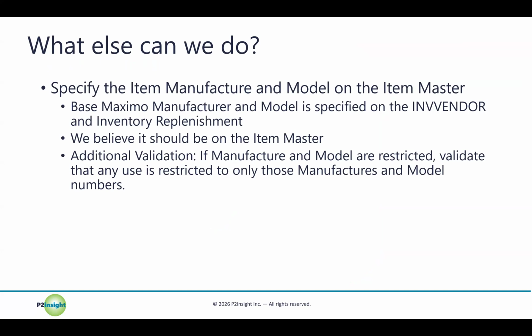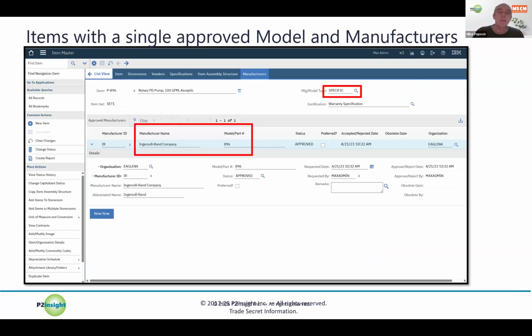And then there's other things that we can do. We can specify the manufacturer on the item master itself. We find it odd that IBM Maximo has the manufacturer at the vendor level, at the inventory level, the storeroom level, but not at the item level itself. So what we did was we actually moved the item manufacturer information to the item level, in a new tab called Manufacturer.